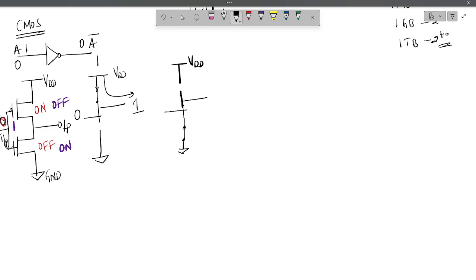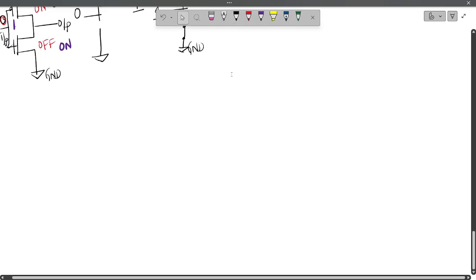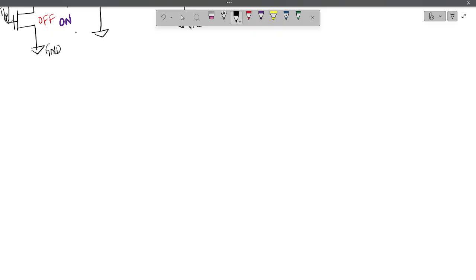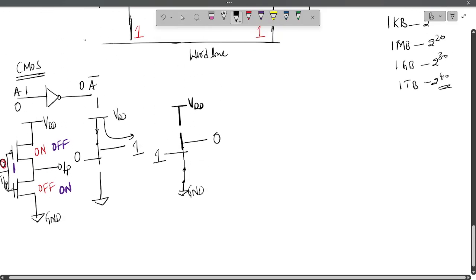There is no connection to VDD, so you are giving 1 and getting 0. Like this, inverter operation works. You understood? So here, how do you connect a 6T SRAM cell? With one inverter, how many transistors are required?